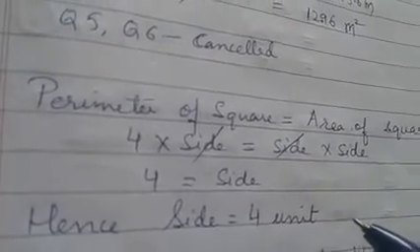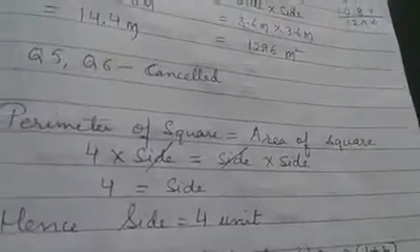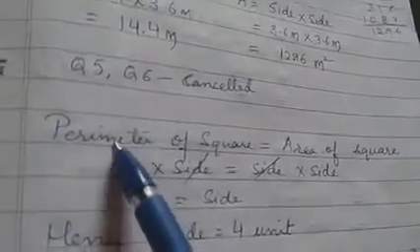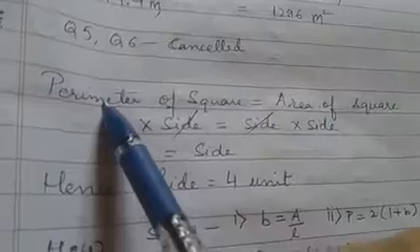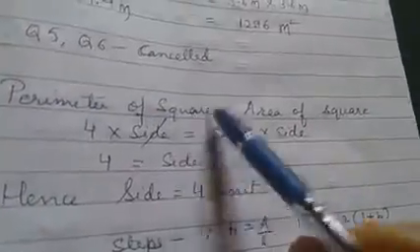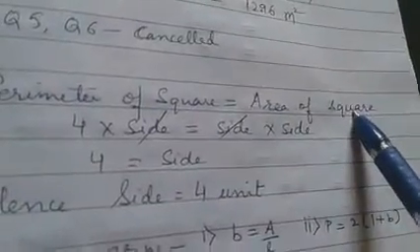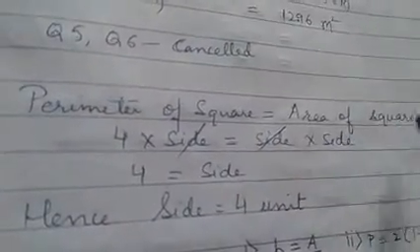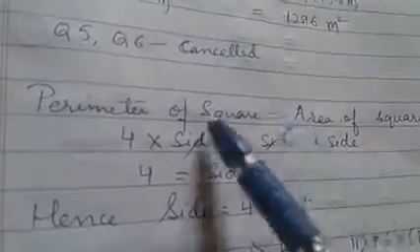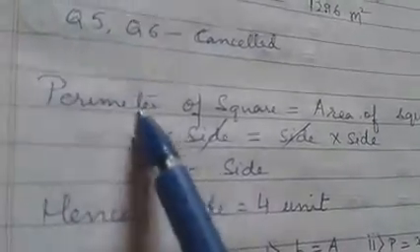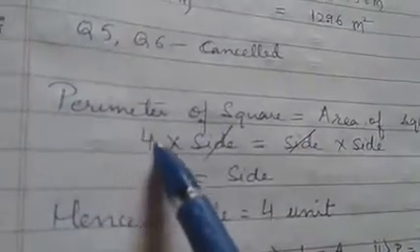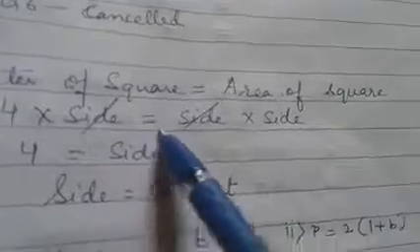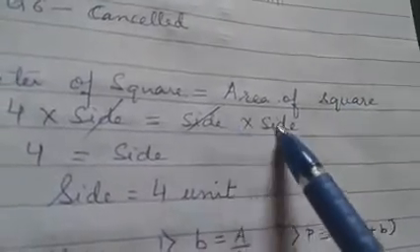So they have said, find out its side. Since numerically they are equal, the perimeter of the square is equal to the area of the square. What is the formula for the perimeter of a square? 4 multiplied by side is equal to the formula for area, side multiplied by side.